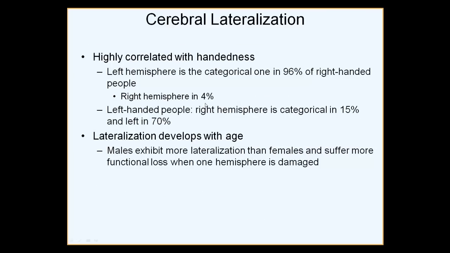So the left side is what we call the dominant. If you are right-handed, remember, everything crosses to the other side, and it develops with age, and we start to teach those areas of the brain that the music is supposed to sound like that.